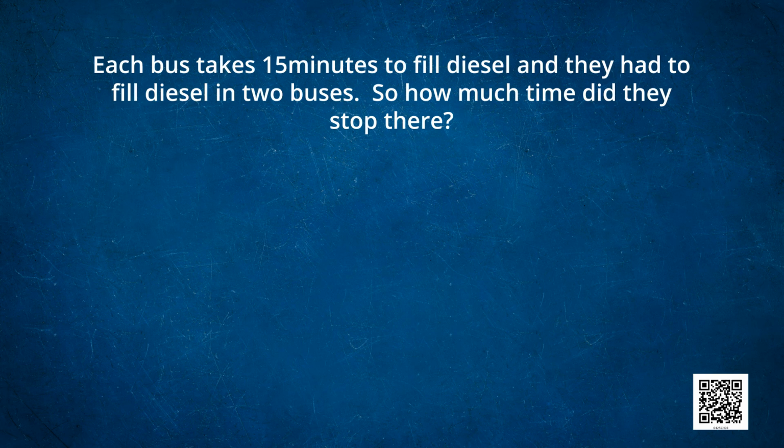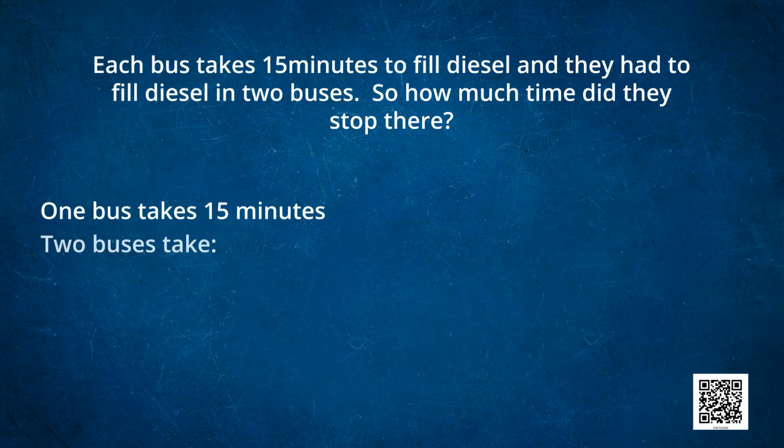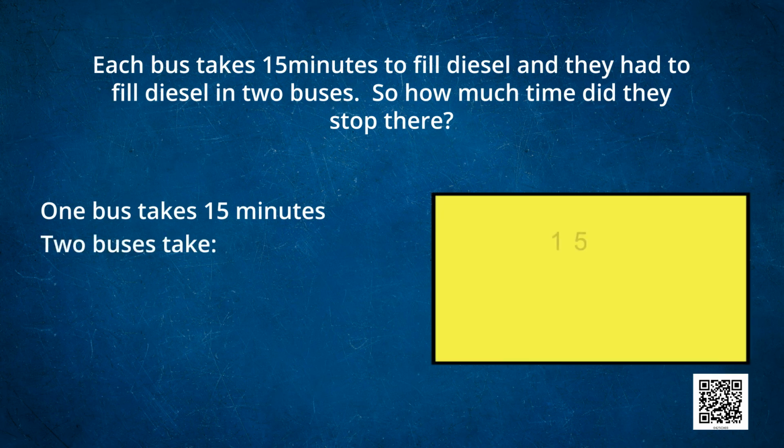Now see, one bus takes 15 minutes and 2 buses will take, we will multiply 15 by 2. 2 5s are 10. So we write 0 at the unit place and carry 1. And 2 times 1 is 2 plus 1 is 3.